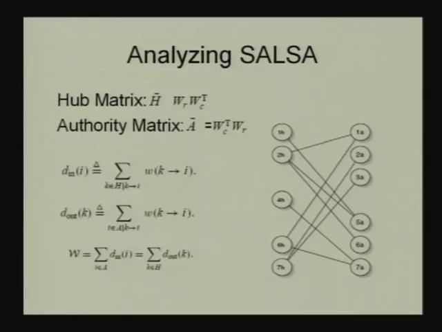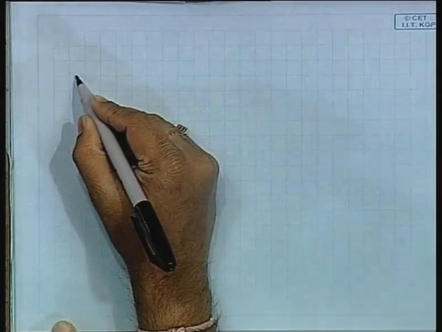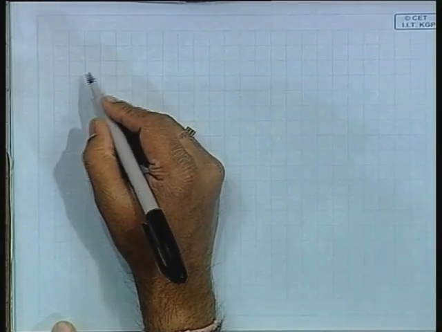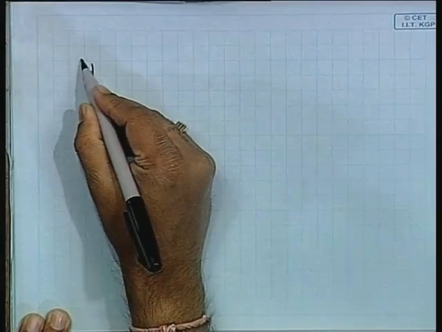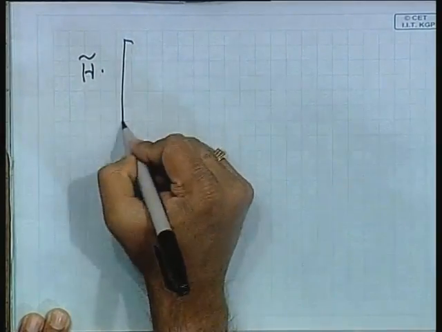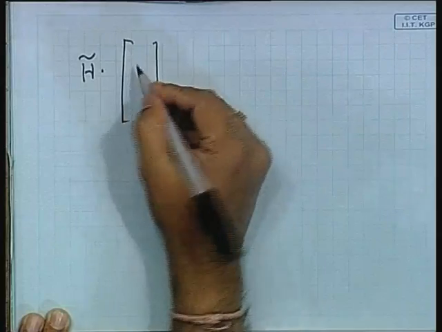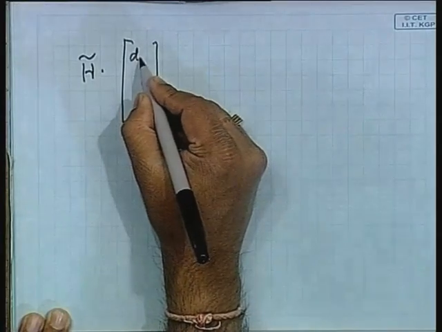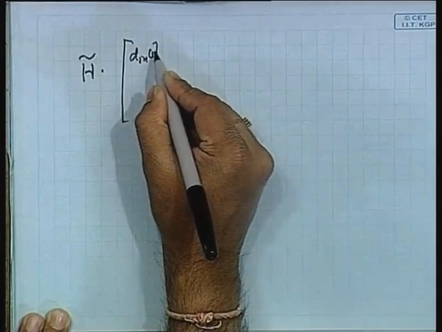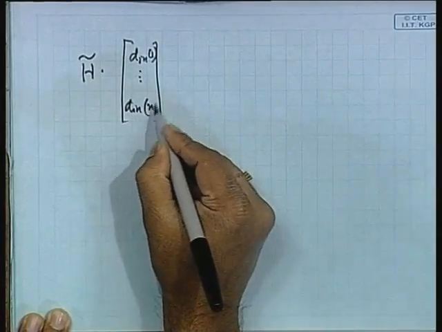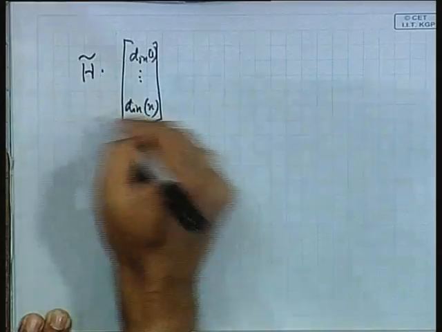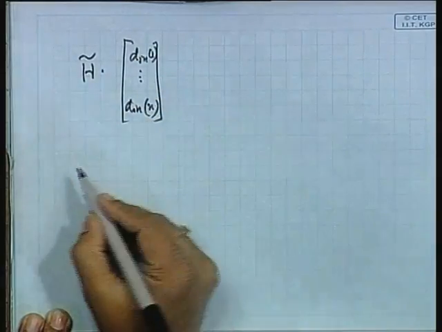So, if you now multiply the H matrix with your pi matrix, you are multiplying this H with the vector d in degree 1, leaving out the normalization factor, through d in degree n. So in this matrix, what is the ith term?